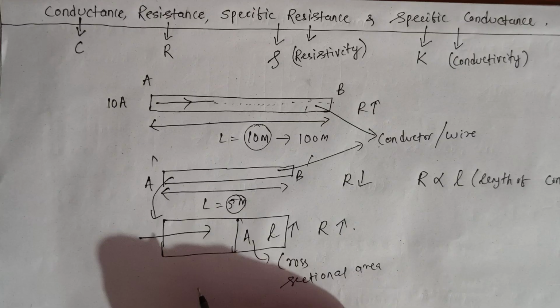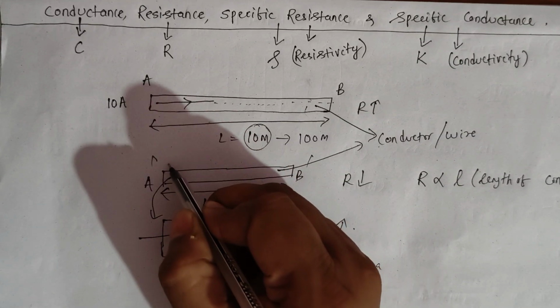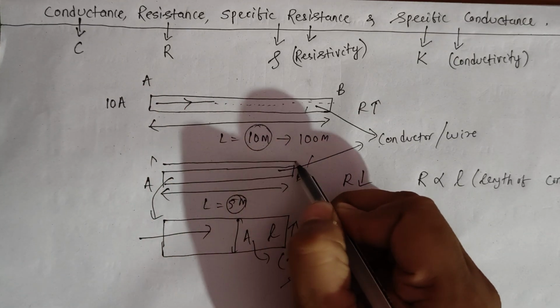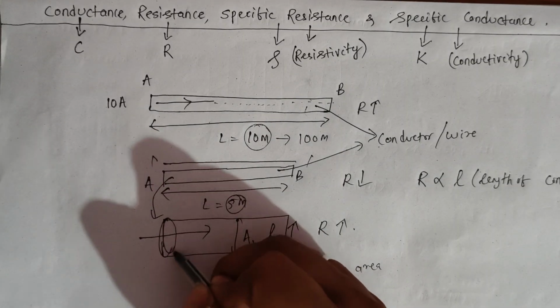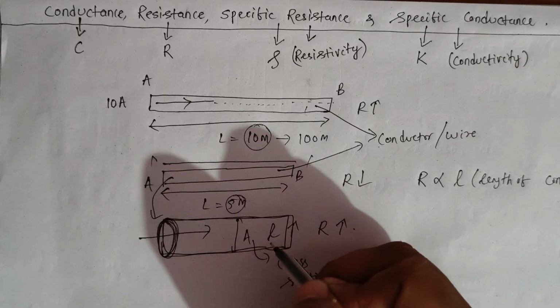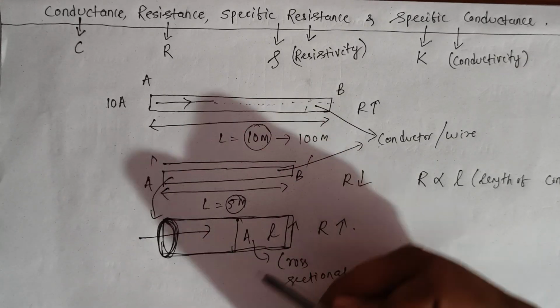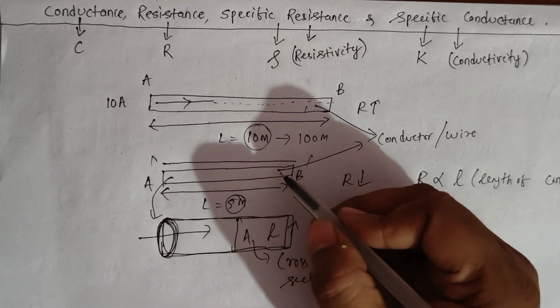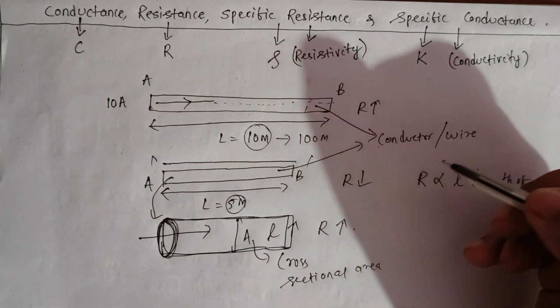You can easily take the example: in a thicker wire current flow will be more, whereas in a thinner wire current flow will be less. Yes or no?